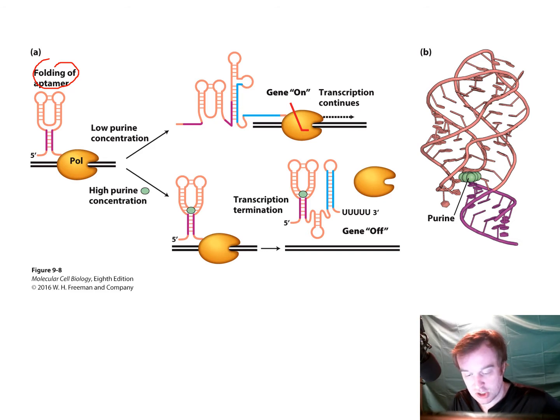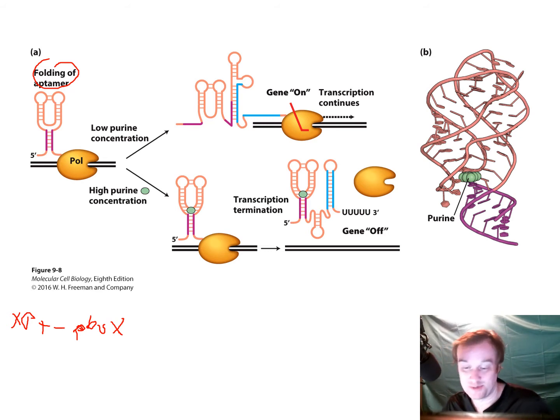Looking at this process here, the prokaryote is Bacillus subtilis, and this is the XPT-PBUX operon, which encodes enzymes that are involved in purine synthesis.